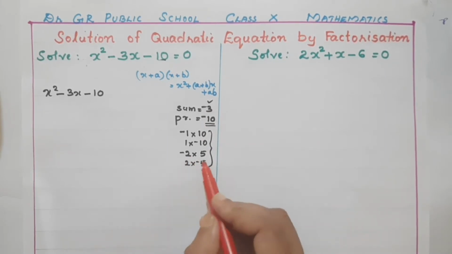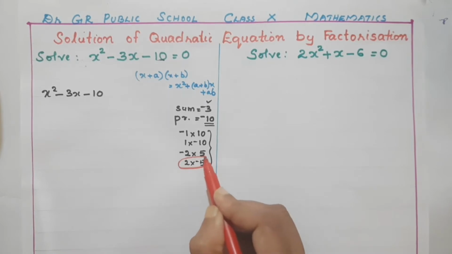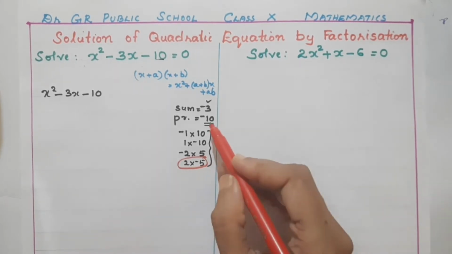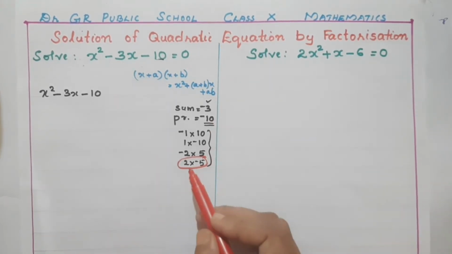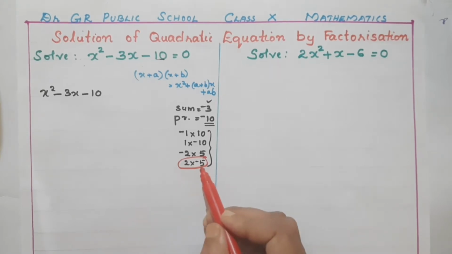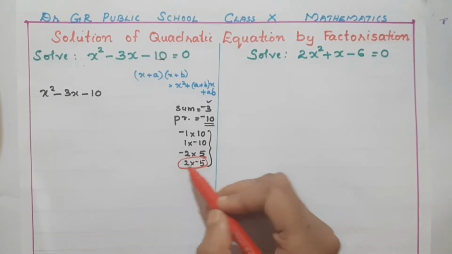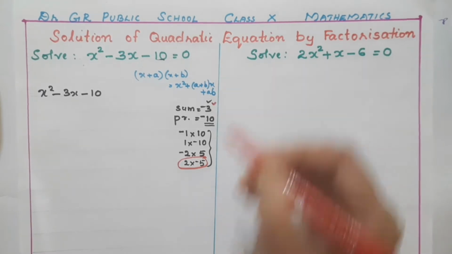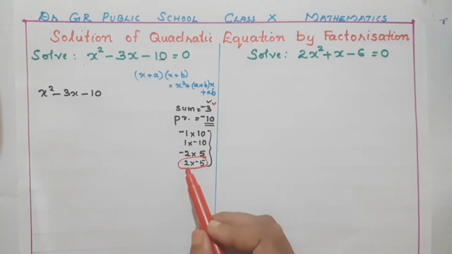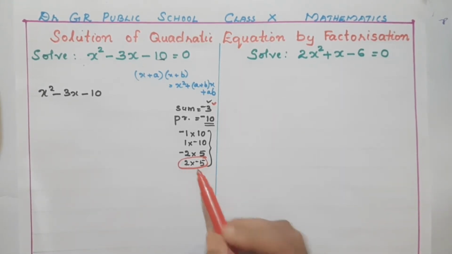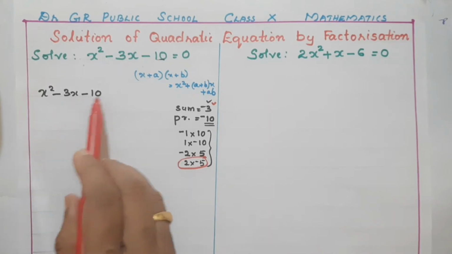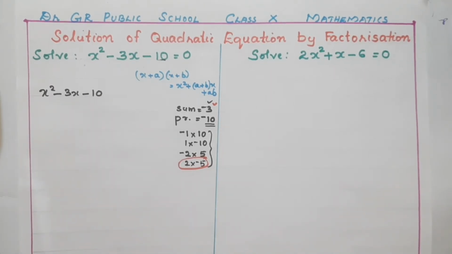So here this is the suitable form. Isn't it? So instead of minus 10, we can write 2 into minus 5, or 2 and minus 5 sum is also minus 3. Now we have to use these two integers to factorize this given polynomial.